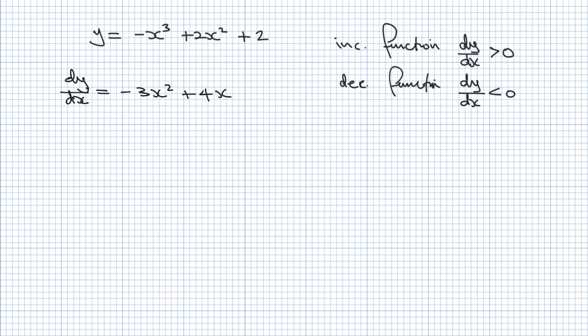And then what I'm going to do now is, I know that this is a quadratic and it's going to produce a couple of answers for me, but let's go. This implies that minus 3x squared plus 4x is greater than 0 for the increasing function. Probably write this here. Increasing function.